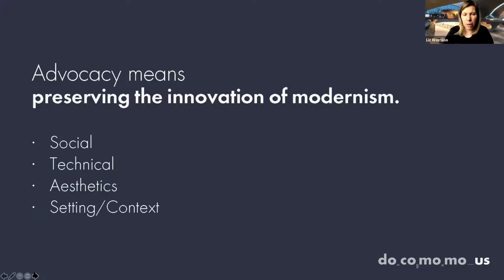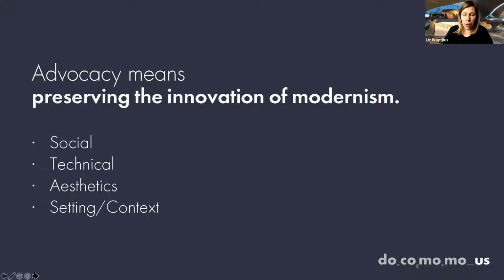So when we're talking about modernism and what it is that we're preserving, this is really a tenet of our organization. That advocacy means preserving the innovation of modernism. And that would include social elements, the technical specifications, the aesthetics of those buildings, and the setting or the context.